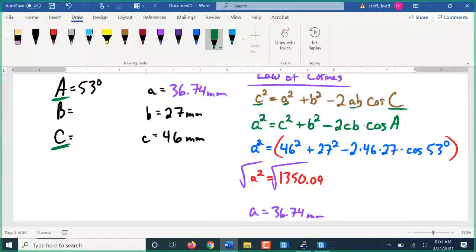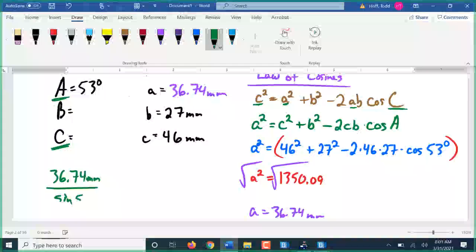So we can set up law of sines now at 36.74 millimeters, sine of 52 degrees. Which side do we want to use for the other one? Do we want to use the 27 or the 46? 27. Always use the smaller side.